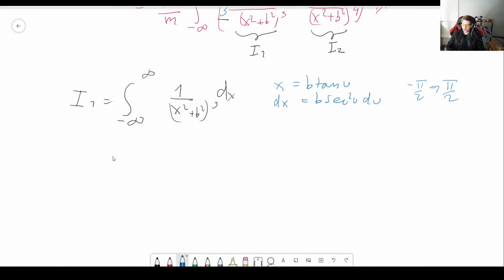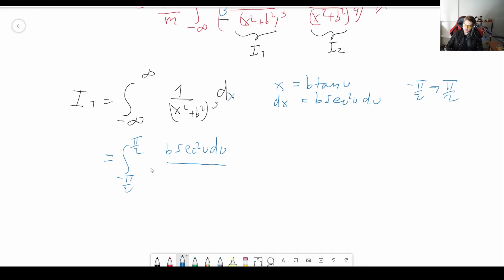Okay, so let's plug it in. So this is going to be minus pi over 2 to pi over 2. And then we get, instead of dx, we get b secant squared of u du. And then down here, we need to factor out b squared, right? So we factor it out, and then we need to cube it.